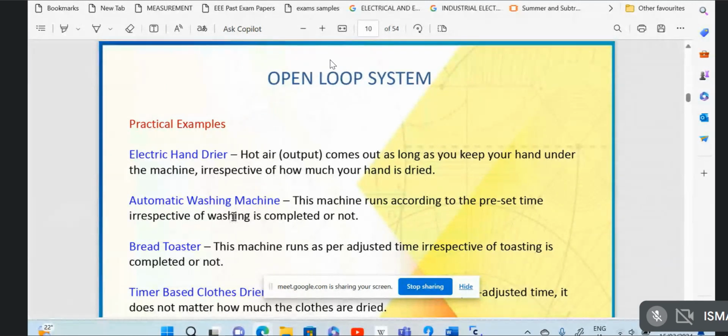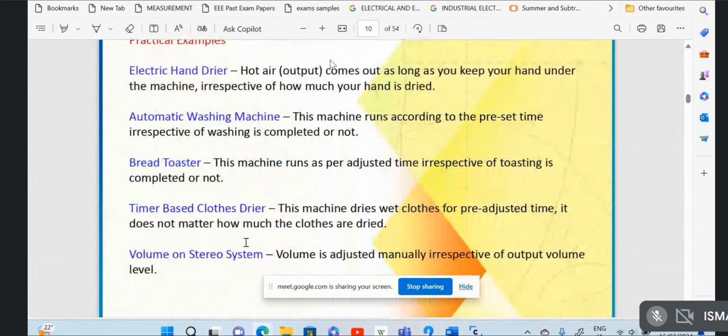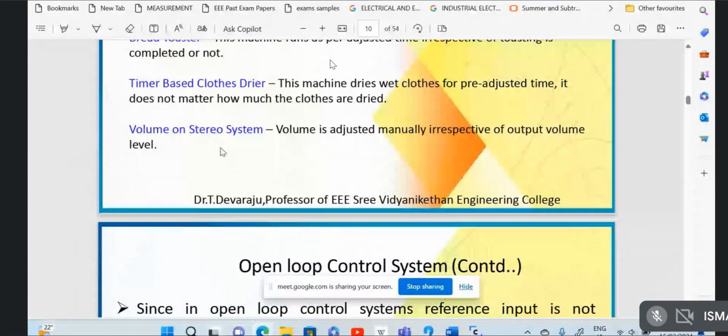It is you who looks at the clothes when they are washed and says, these things are not clean, let me take them back again. But if you have a system that can check whether the clothes have been washed properly, then that system becomes closed loop. Other examples are the toaster, the time-based clothes dryer, and so on.